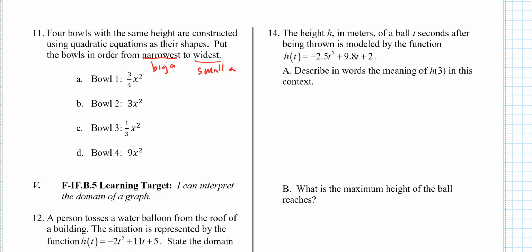Narrowest is going to be stretched the most, widest is going to be compressed the most. So my biggest stretch is 9x squared, so that's D. My next biggest stretch is bowl 2, because it's 3x squared. Then my next biggest is 3/4, and then my last is 1/3.